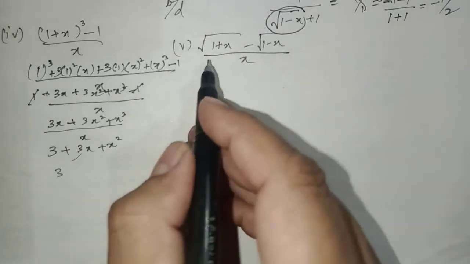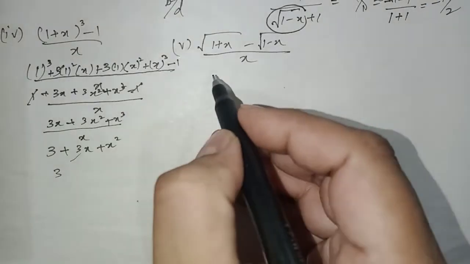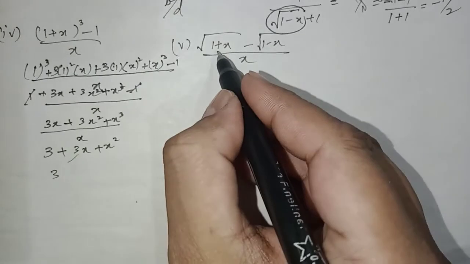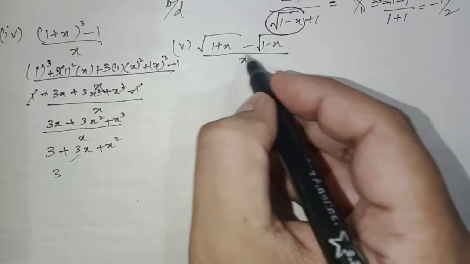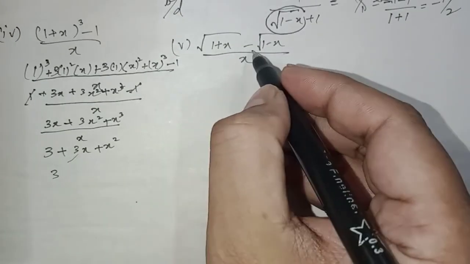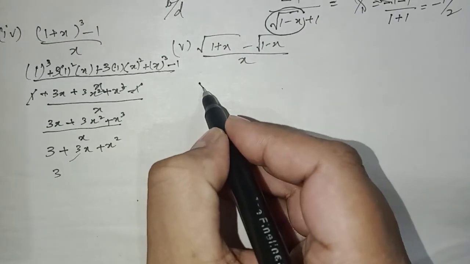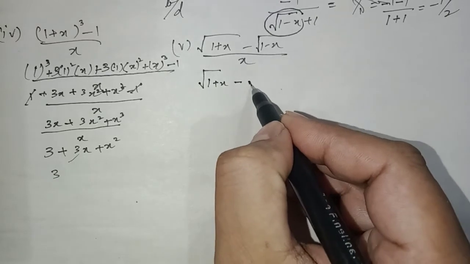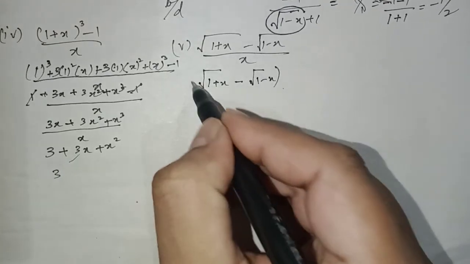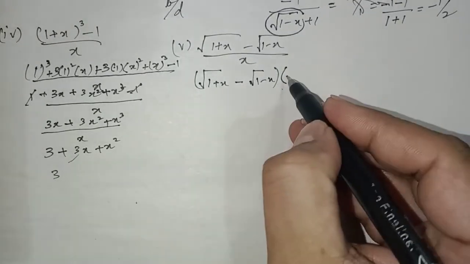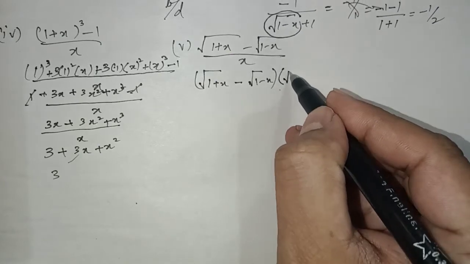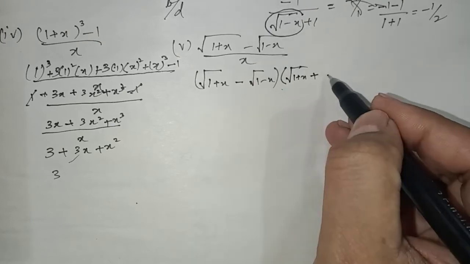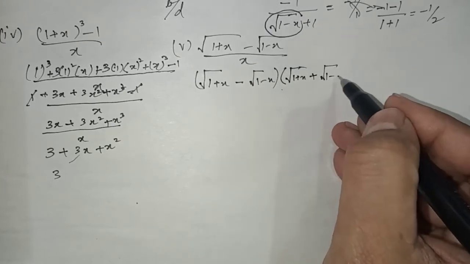In this part number 5, which is the last part of question number 1, again we can apply the conjugate of the numerator. We know that a plus b, this is a minus b. On multiplying it by its conjugate, it will give us root 1 plus x plus root 1 minus x.